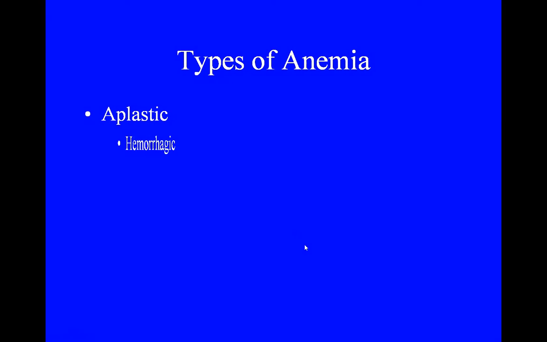But aplastic anemia, if I'm working with chemotherapy patients, if I'm working with people who have had environmental exposure to different toxins, I might see a patient who has aplastic anemia, and that is the bone marrow is not working efficiently, or you have a condition where we have suppressed the bone marrow intentionally. So aplastic, the cause of anemia is due to a lack of functioning bone marrow to produce or keep up with production of red blood cells.